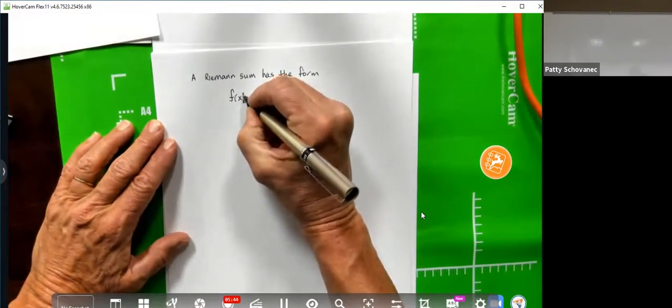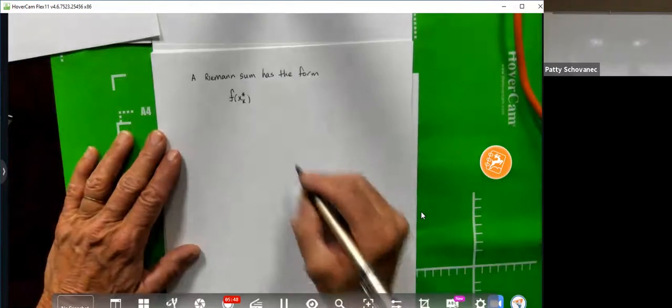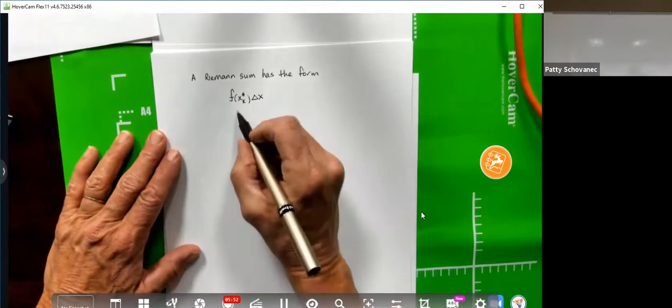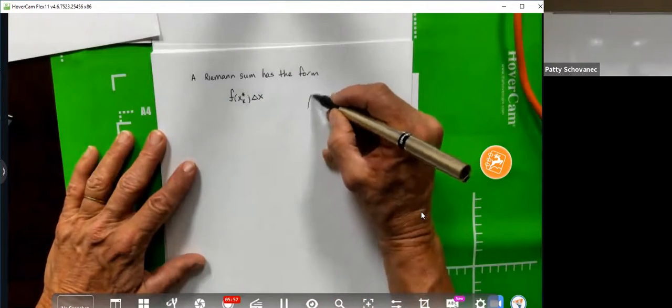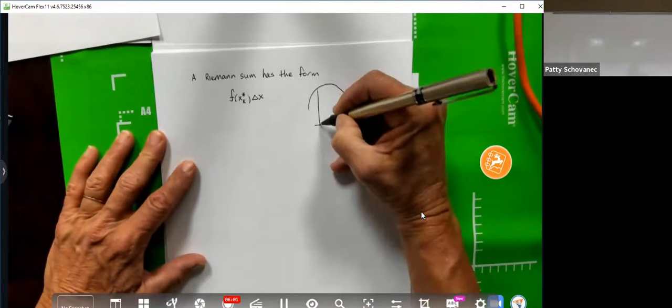So I'm just going to call it xk star. That's going to give the height of the rectangle. We're making the widths all the same. And so that's the product of the height of the rectangle with the width of the rectangle, where we've got some positive function here on the interval from a to b.